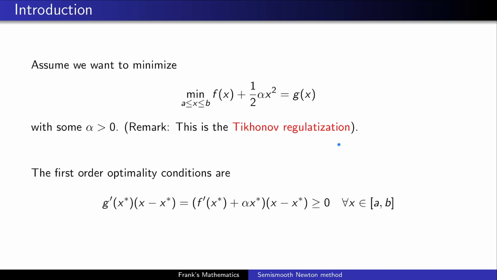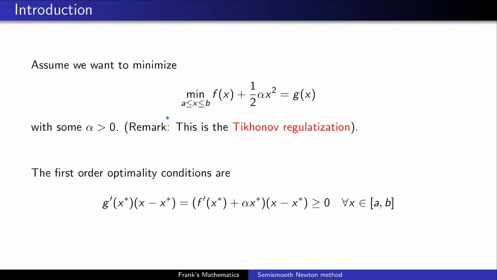This is a very useful technique because if we add this very smooth and nice term, it makes our problem much nicer and tackleable by numerical methods, as you can see in a moment. And the hope is that if we let alpha go to 0, the solution of this Tikhonov regularized problem will converge to the solution of the unregularized problem, which is just minimizing f of x. So this is just a remark.